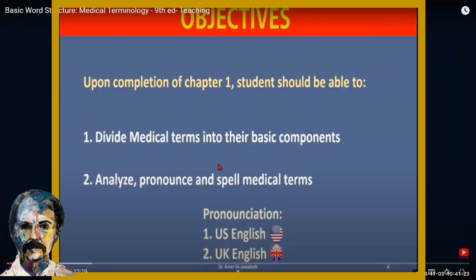The American comes first, and the British, which is the original English. This is Shakespearean English. But we are not going to teach you how to pronounce the medical term in Australian or Canadian or Indian or South African or whatever. Understood? So pronunciation is very important, writing is very important, and understanding is very important. And what's important is memorizing.